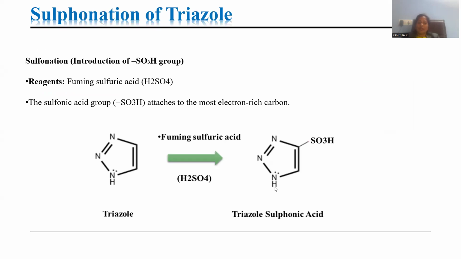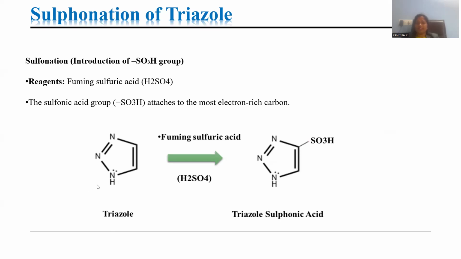Sulfonation is also a characteristic reaction of triazole, to be performed with fuming sulfuric acid, it being to a certain extent deactivated towards this kind of electrophilic substitution. The reason behind this is that though it is a pi excessive compound, more electronegative atoms are present, and electronic factors dominate over its pi excessive nature.